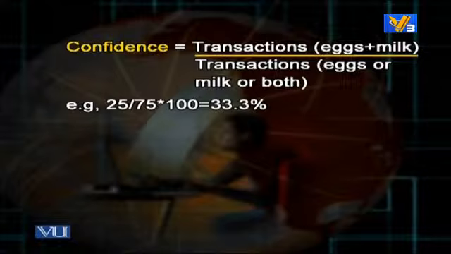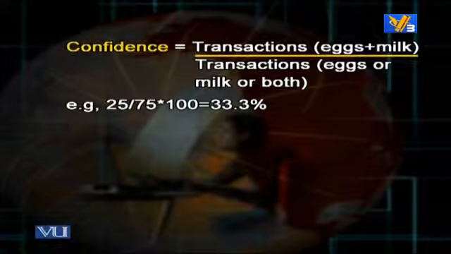You can see confidence is equal to transactions. As an example, I have taken eggs and milk. So all those transactions in which eggs and milk both are sold together, divided by transactions in which either eggs are sold or just milk is sold or both are sold. When we take the ratio of these two things, the result we get is confidence.